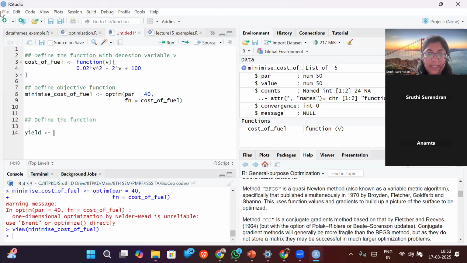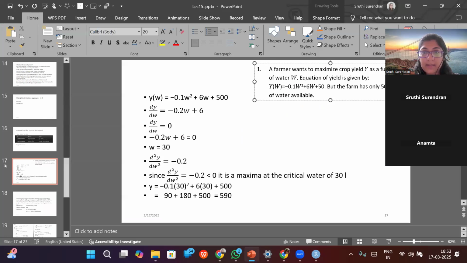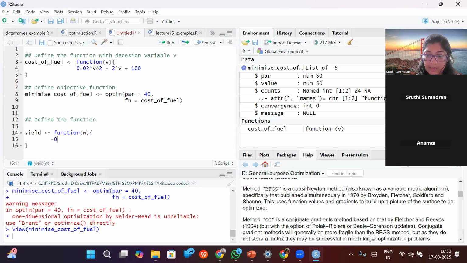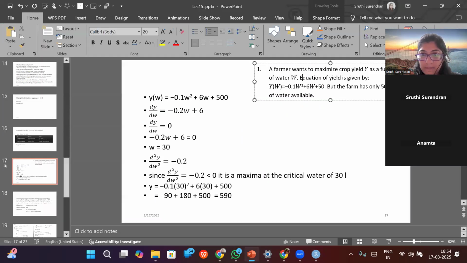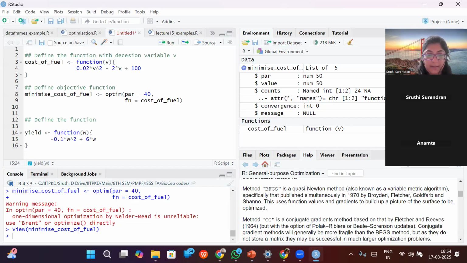Yield is going to be a function of water, and it is given by the equation minus 0.1 into w square plus 6 into w plus 50. This is the function.